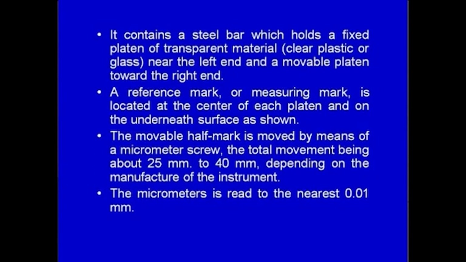The movable half mark is moved by means of a micrometer screw, the total movement being about 25 mm to 40 mm, depending upon the manufacture of the equipment. The micrometer is read to the nearest 0.01 millimeter.